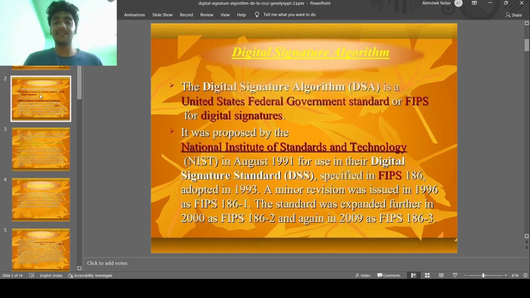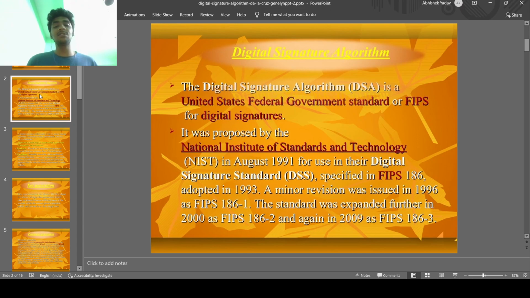So the digital signature algorithm, commonly referred to as DSA, is a United States federal government standard, or FIPS, for digital signatures. It was proposed by the National Institute of Standards and Technology (NIST) in August 1991 for use in the Digital Signature Standard, DSS, which was specified in FIPS 186, adopted in 1993.